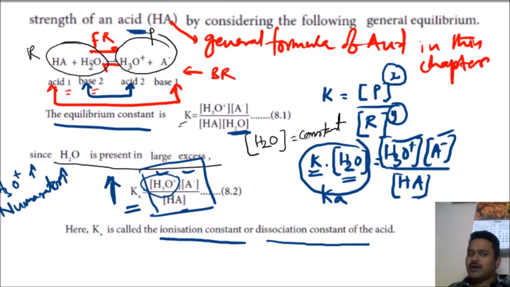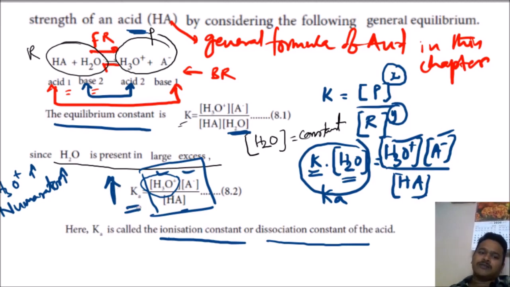Water got the H plus ion from the acid. So whenever the H3O plus amount is more, that means the H plus ion amount is more, the numerator value is more, the overall value is more, and the K value is more. So a higher Ka value means more acidic strength. A lower Ka value means less acidic strength.